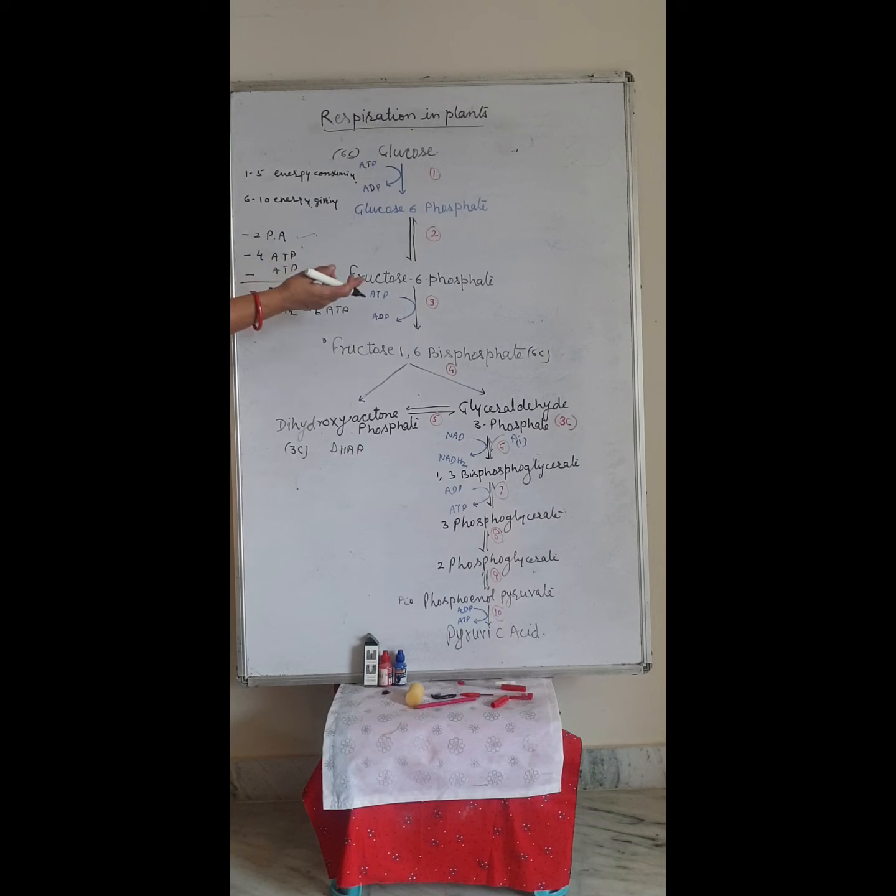With ATP we get energy directly. But NADH2 is like a cheque, it does not provide direct energy. It provides the energy in the last step, that is oxidative phosphorylation.